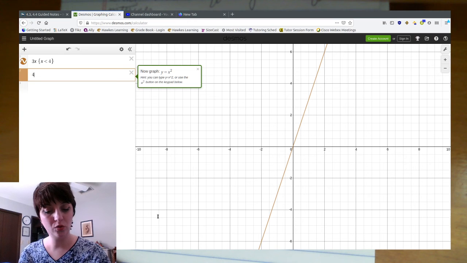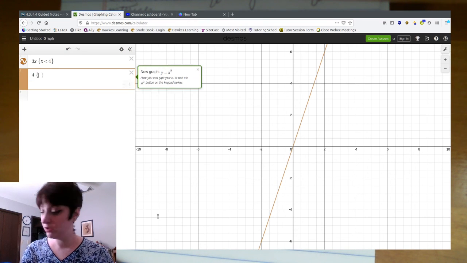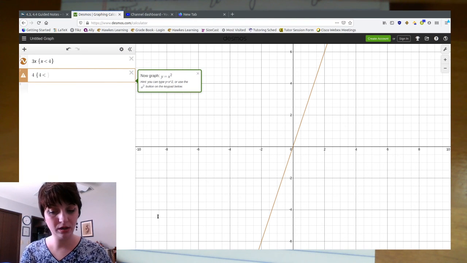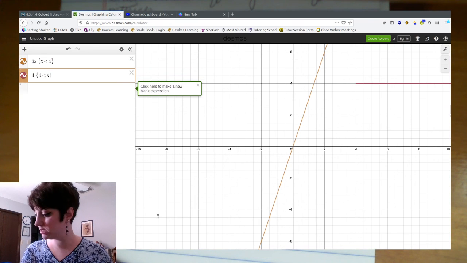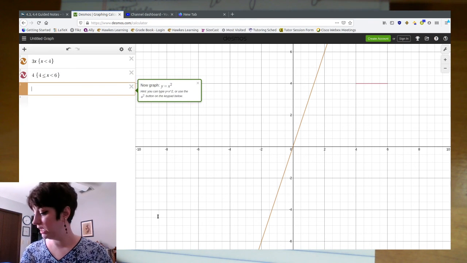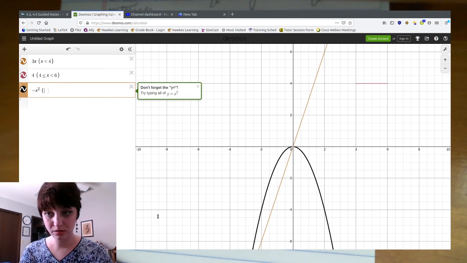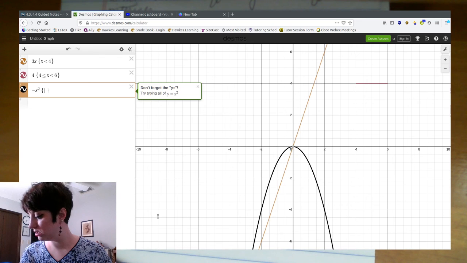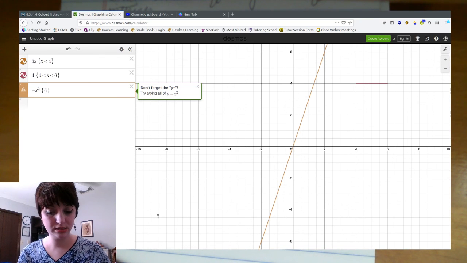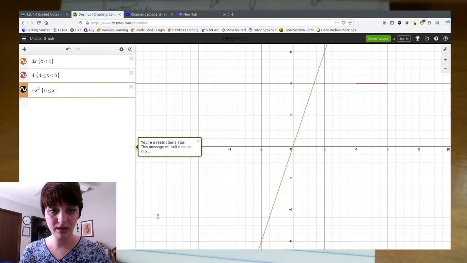And it's 4 for 4 less than or equal to x less than 6. And then it's negative x squared for 6 less than or equal to x less than 10.